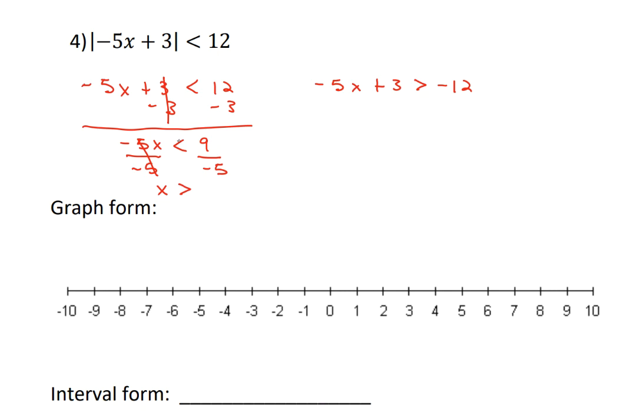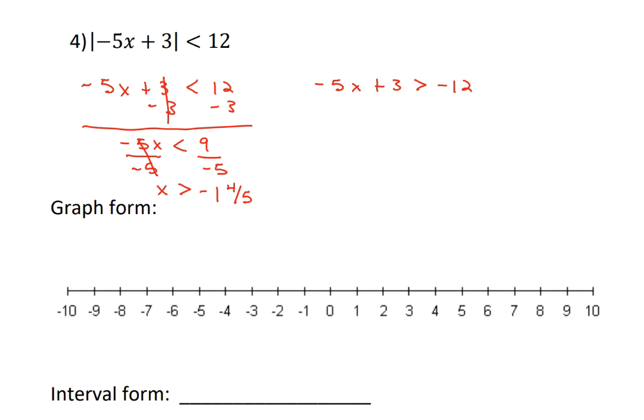So flip that inequality symbol, and negative 9 over 5 would be the same thing as a negative 1 4/5.